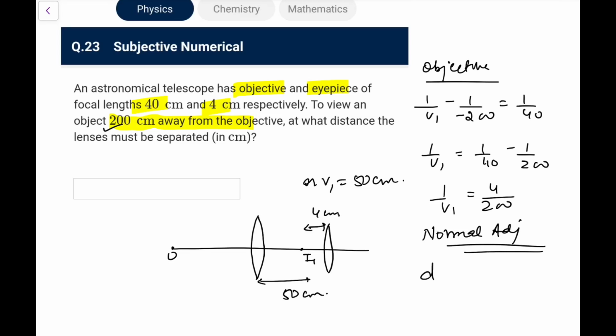So in that case the separation between them, d, would be 50 plus 4, that is 54 centimeters. If you take near point adjustment, the answer could be different, but generally for an astronomical telescope we take normal adjustment because that is what is given in NCERT and what is usually taken.